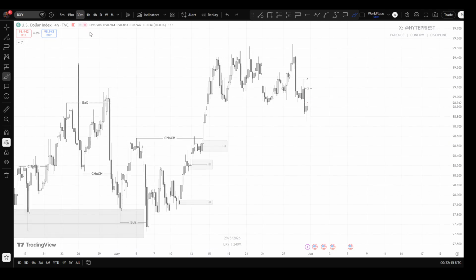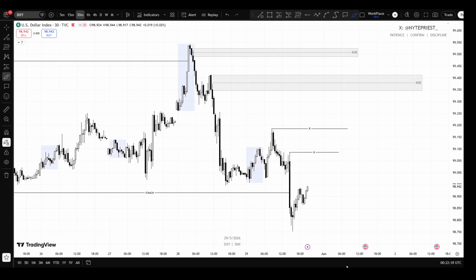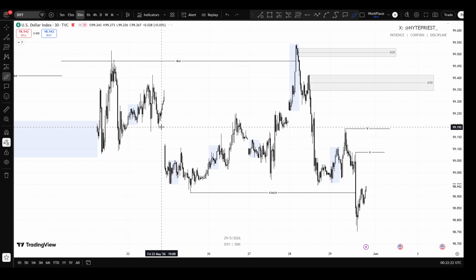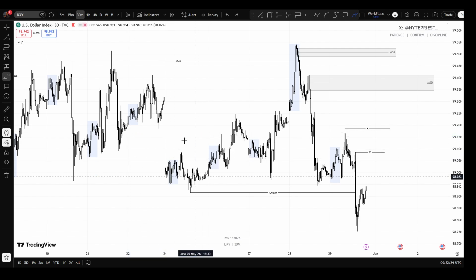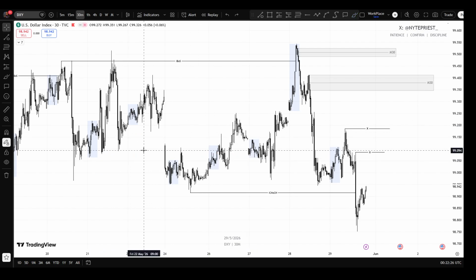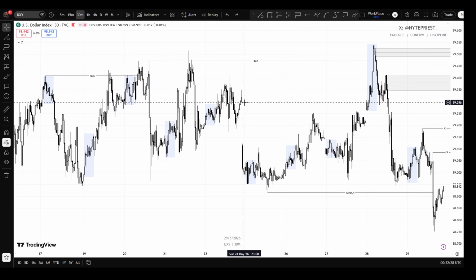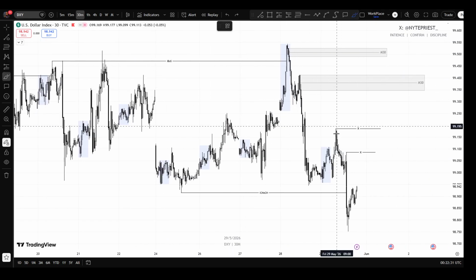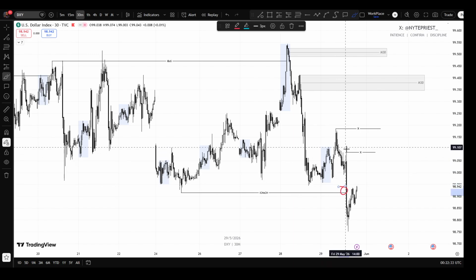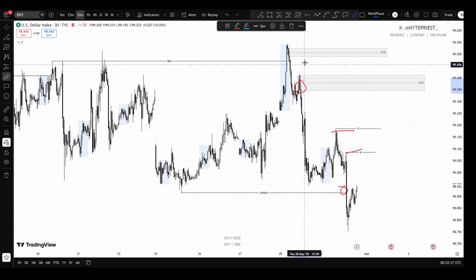So let's go down to the 30 minutes time frame. On the 30 minutes time frame, you can see that we're having this closure here to the downside. We have this liquidity number one, liquidity number two, and then the order block here.